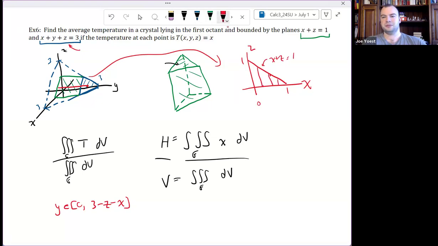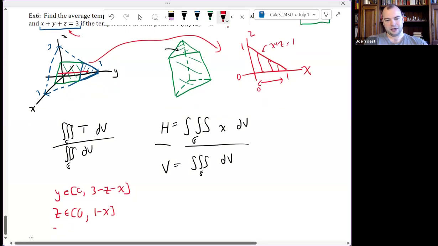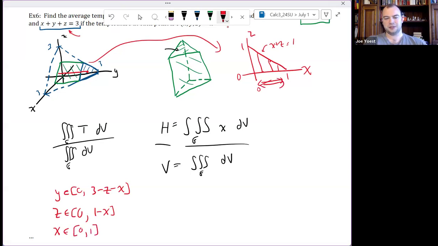So z can go from 0 to 1 minus x, and then x can go from 0 to 1. So z goes from z equals 0 to z equals 1 minus x. And then x goes from 0 to 1, accumulating those cross sections.